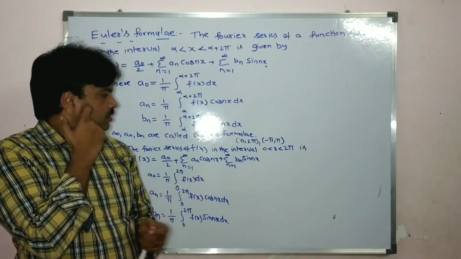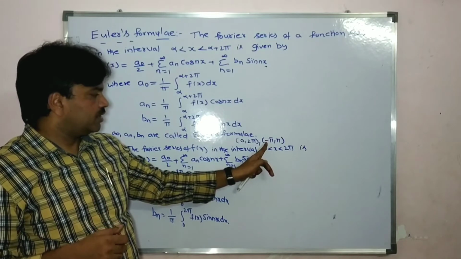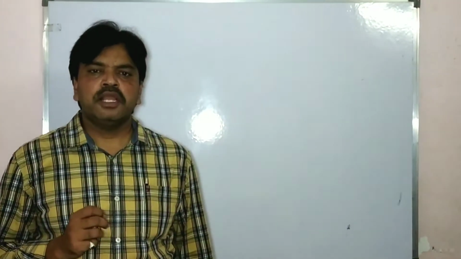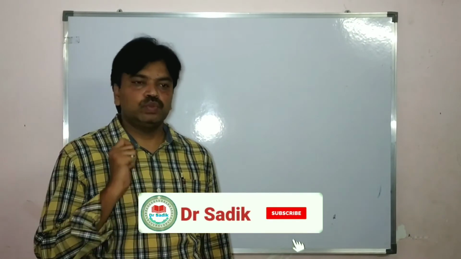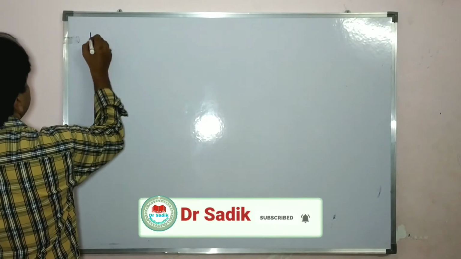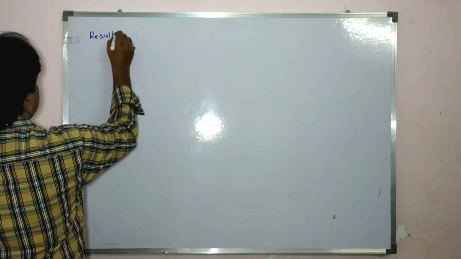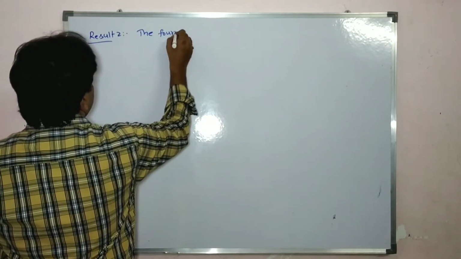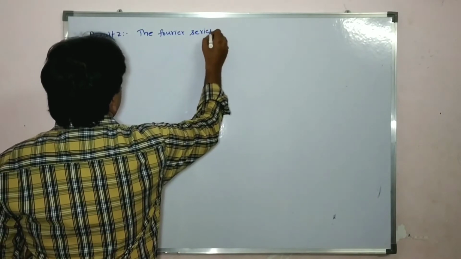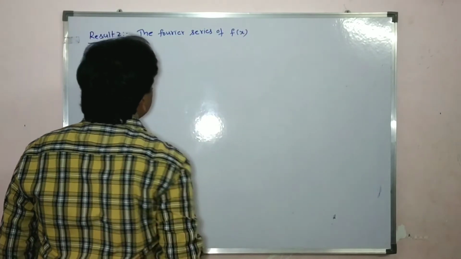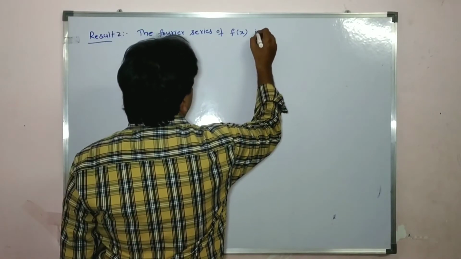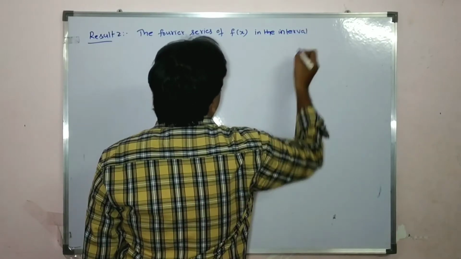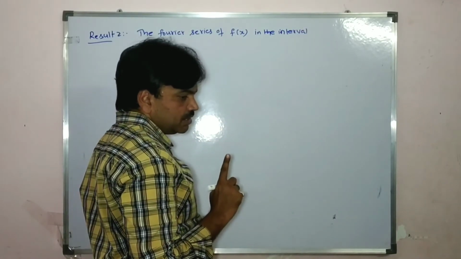Now I want to find the Fourier series in the interval minus pi less than x less than pi, students. Result 2. The Fourier series of f of x in the interval, previously we had 0 less than x less than 2 pi, students.